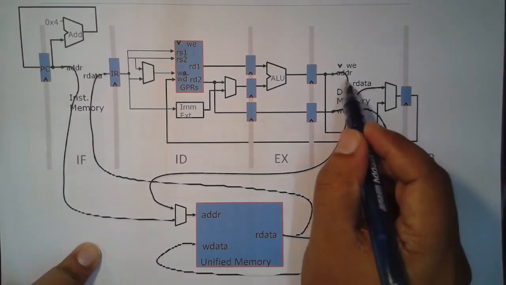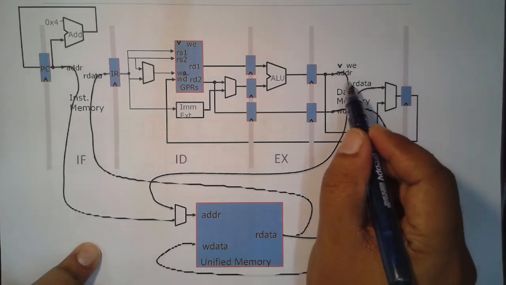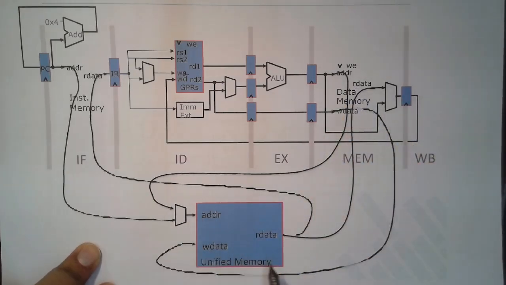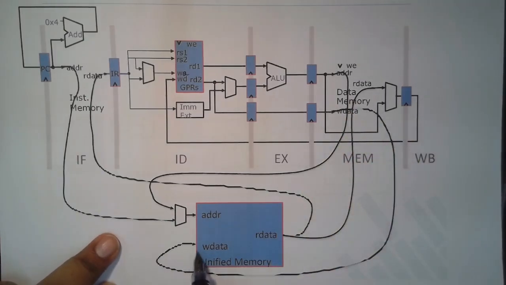Similarly, in the memory stage, you get the address, and depending on whether you are trying to read data or write data, so basically whether you are dealing with a load or store instruction, you will be either reading the data, or you will be sending the data that needs to be written into the unified memory.